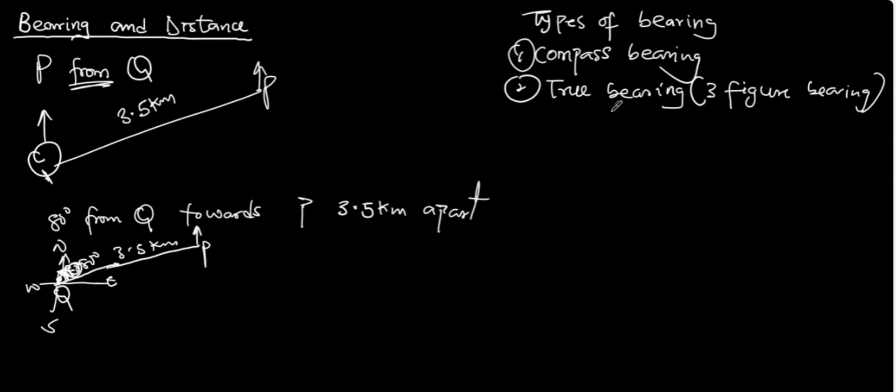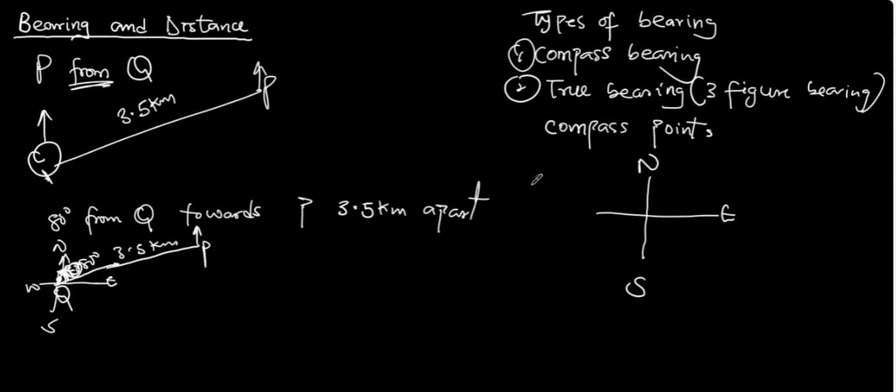Now, compass bearing is the direction of a point from another point using the compass points. The compass points are our cardinal points, that is the north to the south, the east to the west.